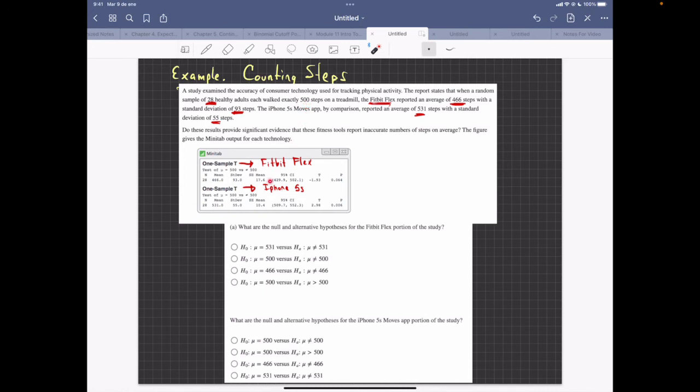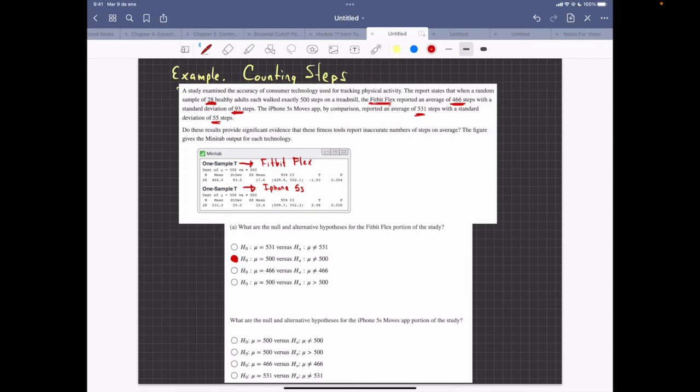So do we have evidence to say the mean is 466, right? So it should be mu equal to 500 against the alternative less than 500, but we don't have less, so use different. So it's going to be this one.